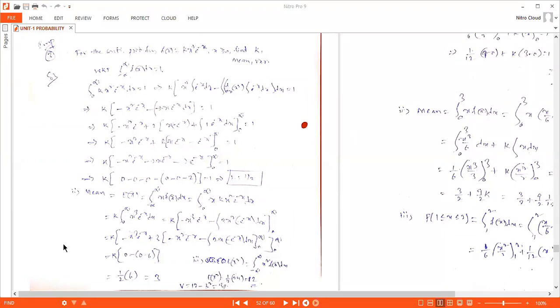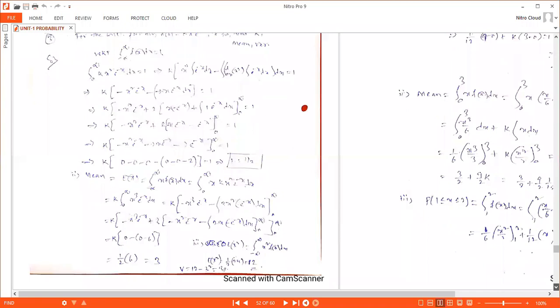Substitute the k value as 1 by 2. So 1 by 2 times 6, that is 3. So mean is 3.